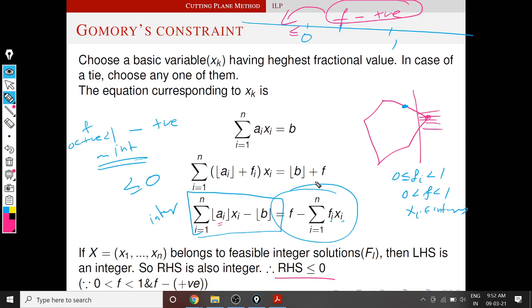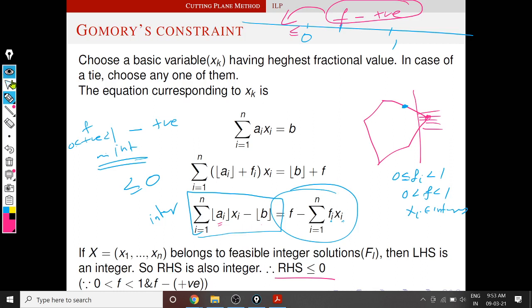You got the idea? So if x is an integer solution, then the RHS value is less than or equal to 0. If this is an integer solution, then RHS is always less than or equal to 0.